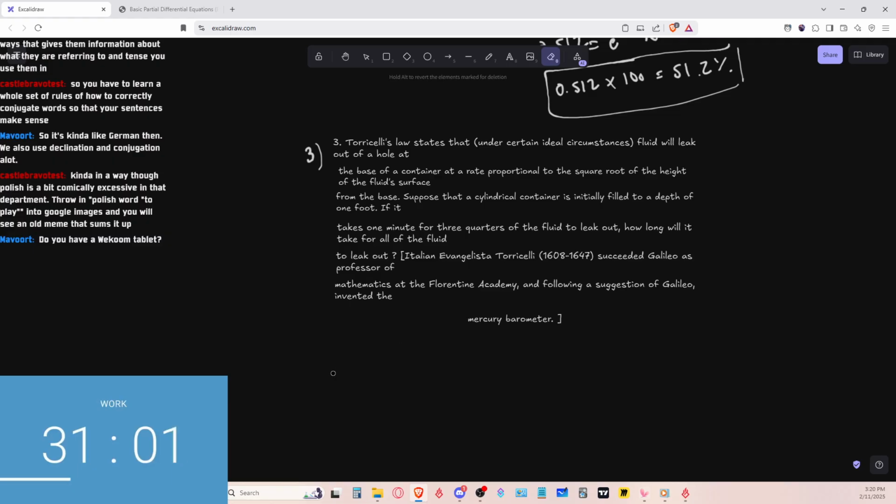So let's see what info we've got so far. The fluid will leak at the base of a container at a rate proportional. So let's just put dL for leak time. So it's proportional to the square root of the height of the fluid's surface.